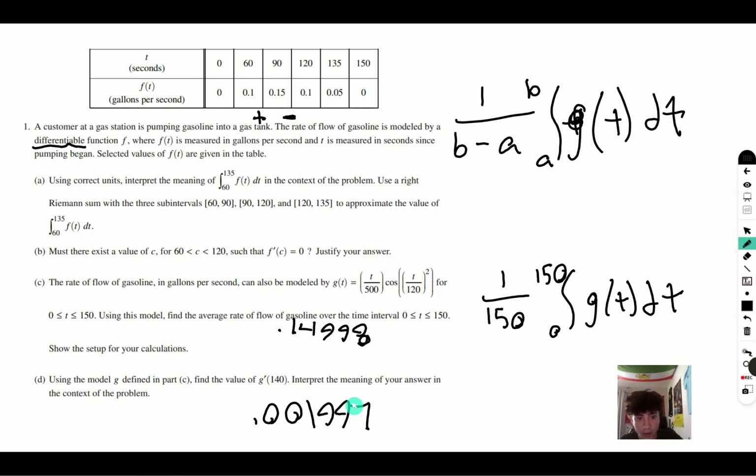It's the rate of flow, so you could say this is f double prime of t, or the rate of change in the rate of the flow. So there you go. That's what you would get. If you want the units, it's going to be gallons per second squared.